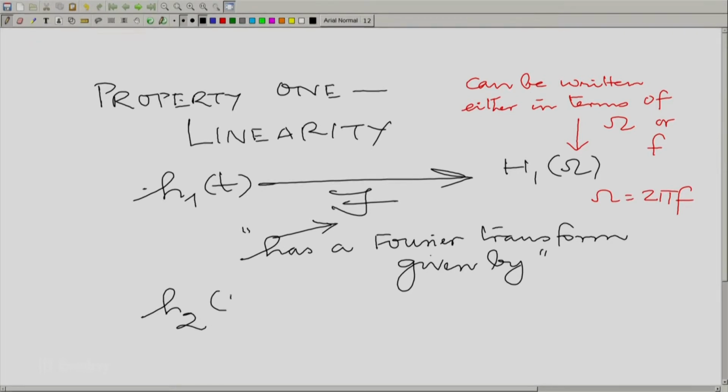So, let h1(t) have the Fourier transform capital H1(omega), and let h2(t) have the Fourier transform H2(omega).